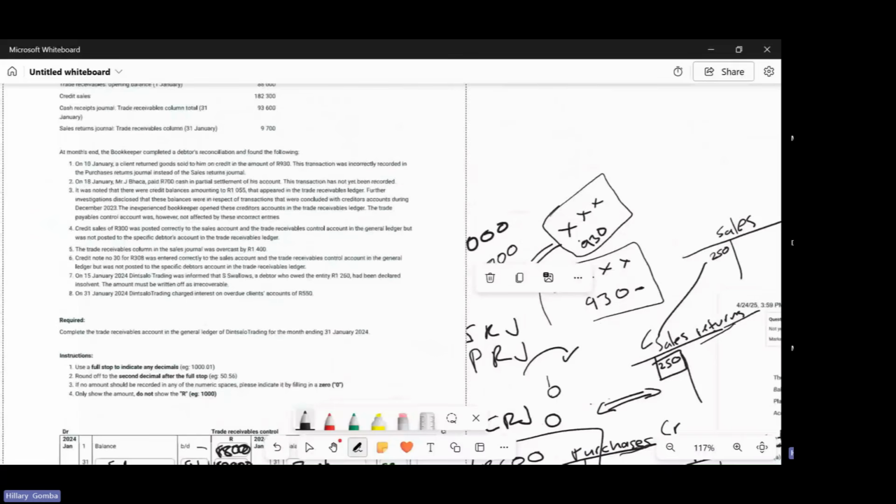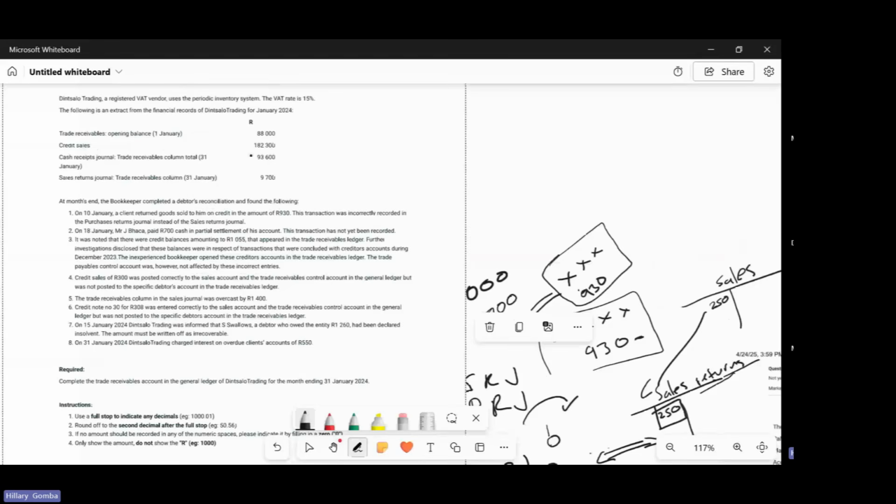We said that the transaction affecting bank was which one? We have one here. Do you see it? So what we need to do is to say 93,600 plus 700. How much do you get?